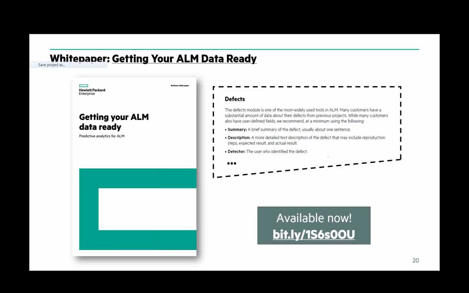Yep, let's do that here. So the first question that came up actually was, a number of customers are segmenting their ALM projects by domain. Are we going to be able to do predictive capabilities across domains or across projects? Across projects, absolutely. Across domains, good question. From a technical perspective, there's no reason why we wouldn't.